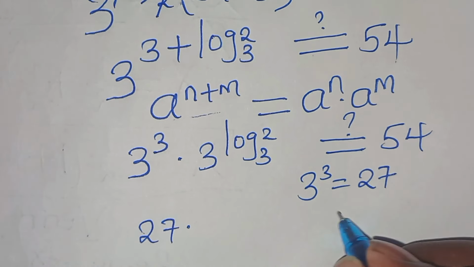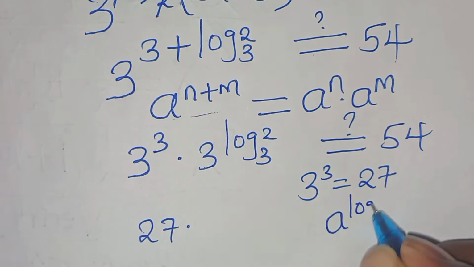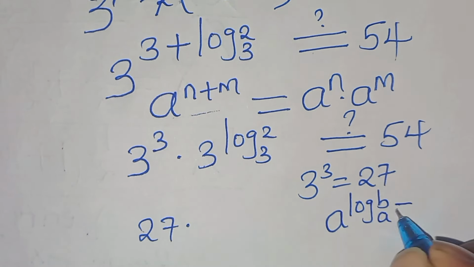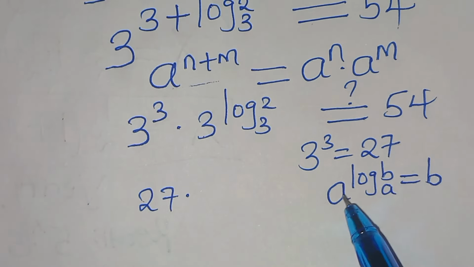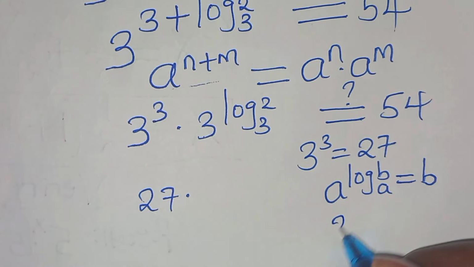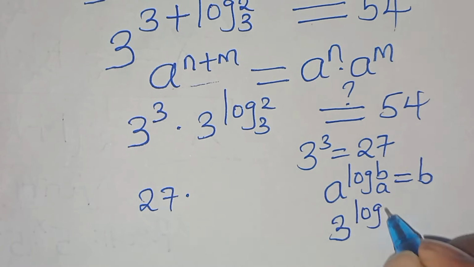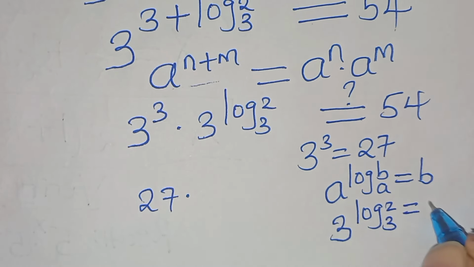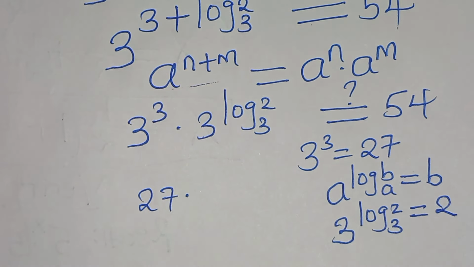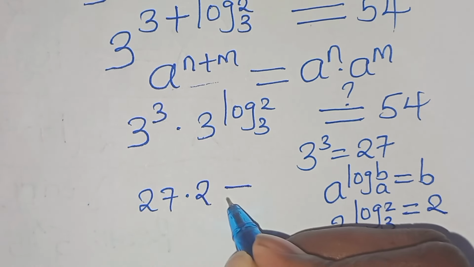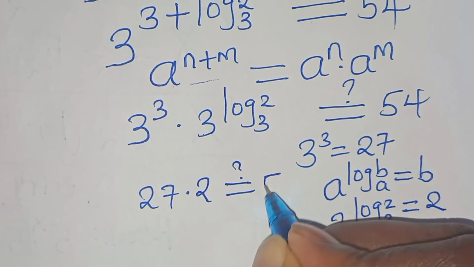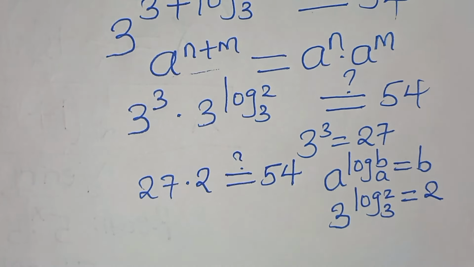This is in the form of a to the power of log b to base a, and this is actually equal to b. Now applying this logarithm property, we find that 3 raised to the power of log 2 to base 3 is the same thing as 2. So let's substitute 2 here. So we have 27 times 2, which is supposed to give us a value of 54.